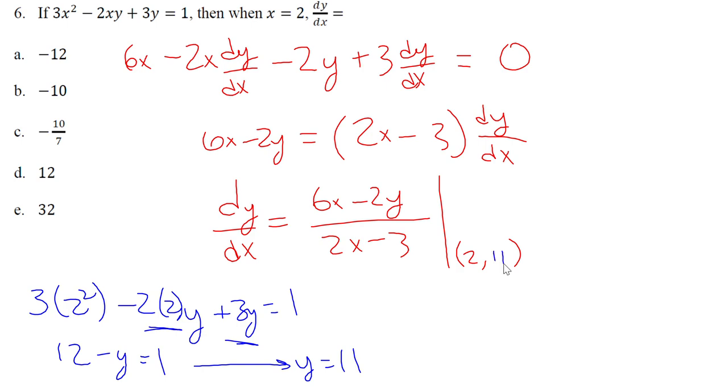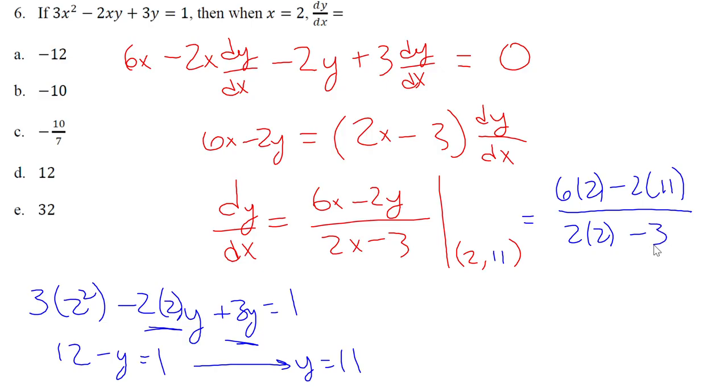So the point we're evaluating at is now the point (2, 11). So we'll just plug in 2 for x and 11 for y. We get 6 times 2 minus 2 times 11 over 2 times 2 minus 3. And that's 12 minus 22, which is negative 10, over 4 minus 3, which is 1. So negative 10 over 1 is just negative 10.